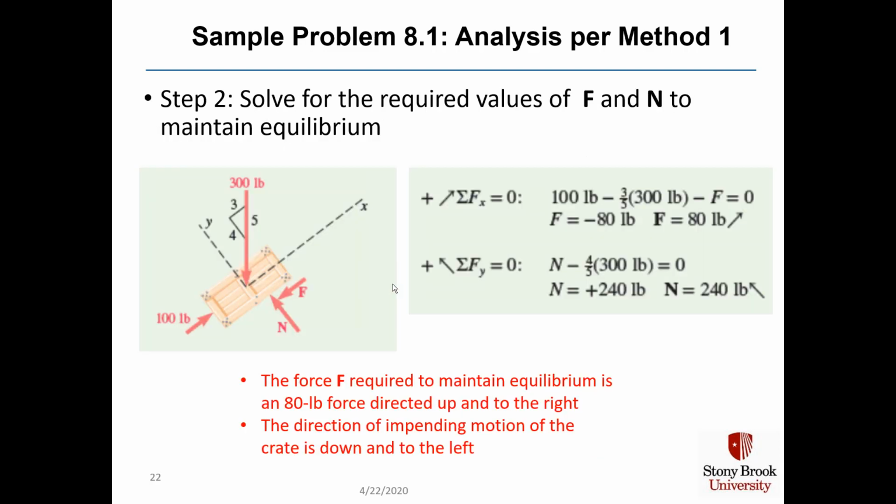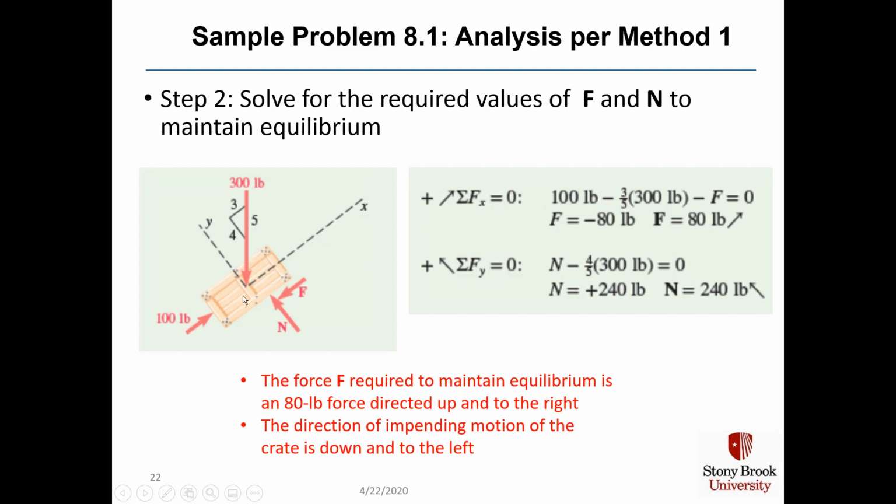In step 2, we will solve for the required values of F and N to maintain equilibrium, which means that in equilibrium, the objects are assumed to be not moving. We sum the x forces along this axis. We've got our 100-pound force going in the positive x direction. We subtract 3/5 of the 300-pound force, which is the component of this 300-pound force along this x-axis.